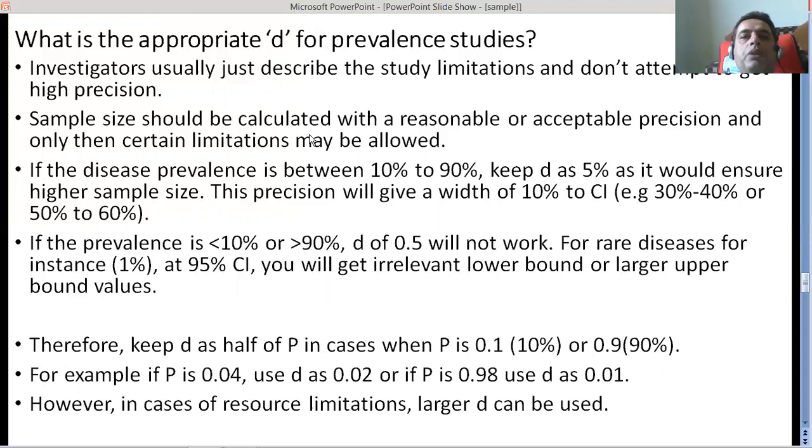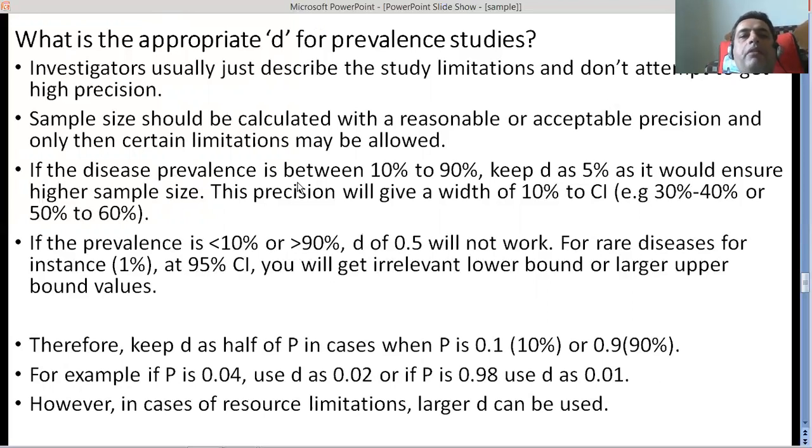Sample size should be calculated with a reasonable or acceptable precision, and only then certain limitations may be allowed. When you do your best, and you come up with a reasonable or acceptable value for D, then you can allow certain limitations, but you should not start altogether with limitations, because that is not a good sign, and it points towards the unreliability of studies.